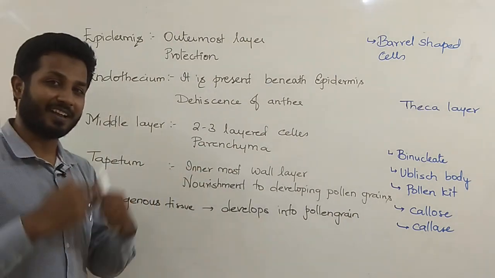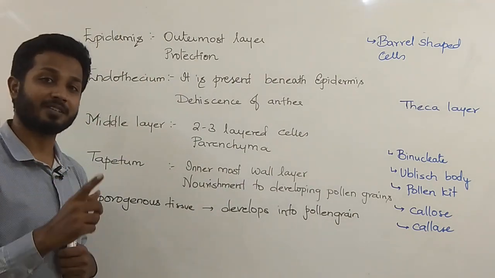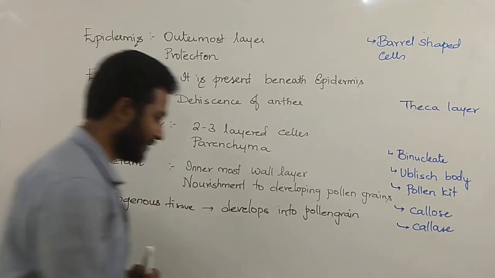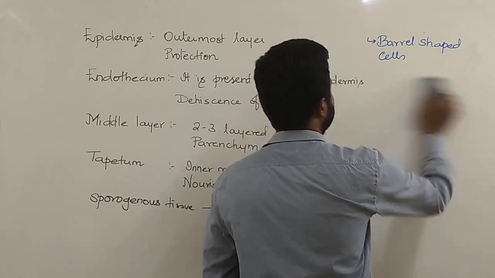Now let us try to analyze how this anther is developing. The process of development of anther is known as microsporogenesis. Let us try to analyze this particular structure now.